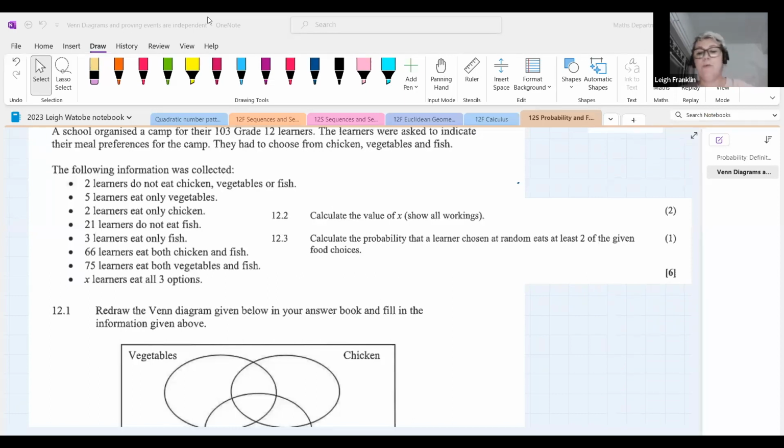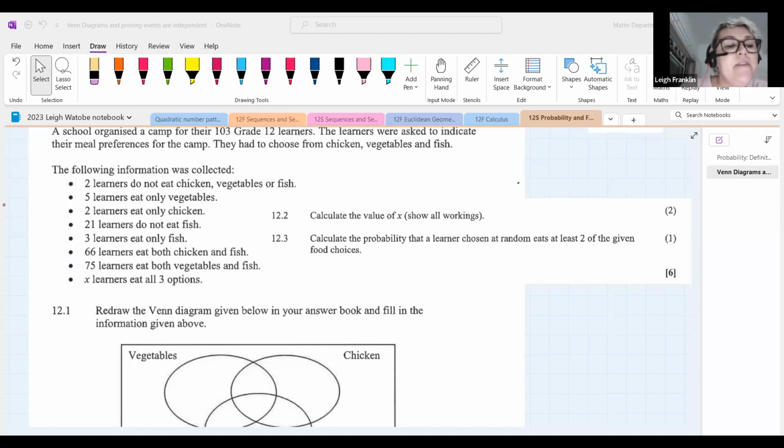Okay, cool. The best way to approach these questions, in fact, the only way, is that when they give you all the information that has been collected, go through everything until you find where it says they eat all three.